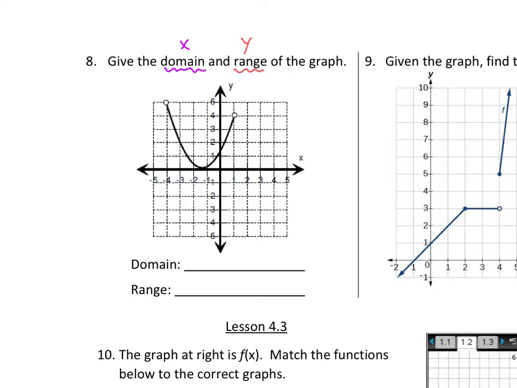So for the domain, I want to look at the furthest points to the right and left of this function. You can see right here that if I go to -4, the furthest the graph goes to the left is -4. So that's my lowest point. And then my highest point is right here, so my furthest point to the right is at +1.